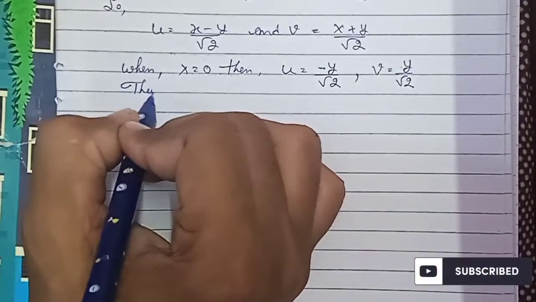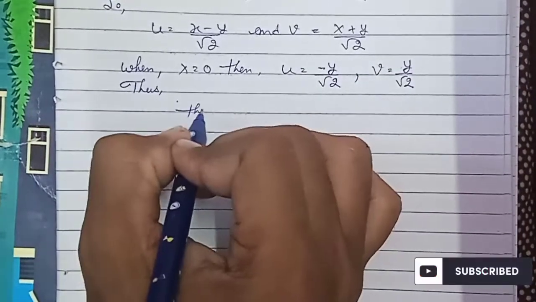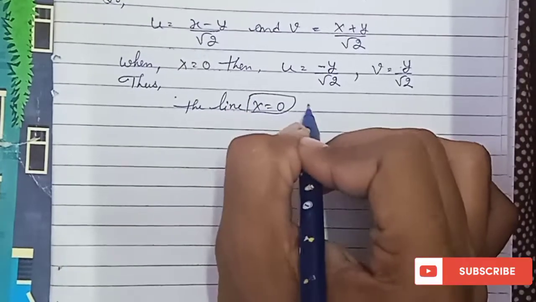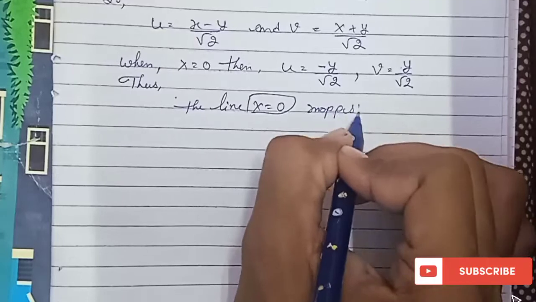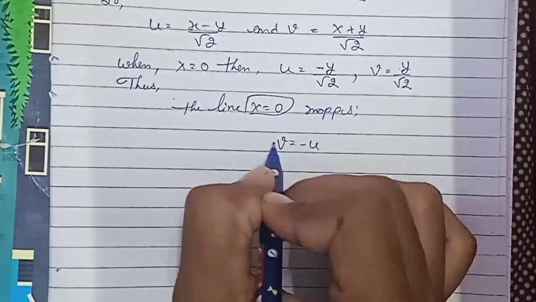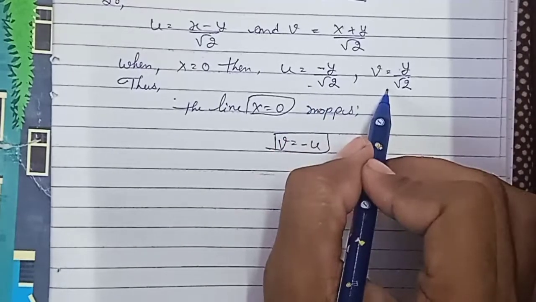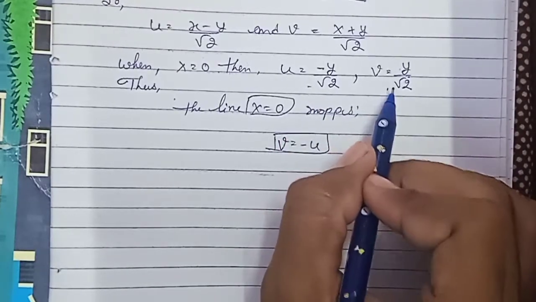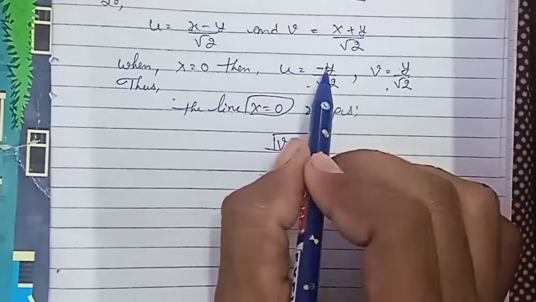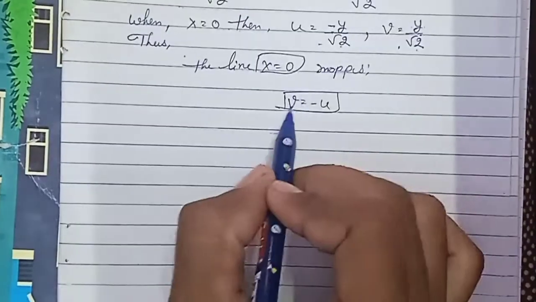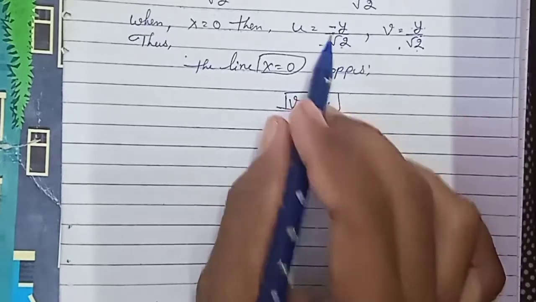Thus the line x equal to 0 maps to v equal to minus u, because the magnitude of u and v is the same, minus y upon under root 2 and y upon under root 2, so we can write v equal to minus u.